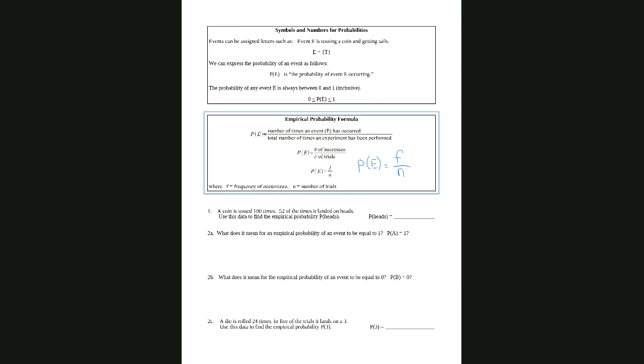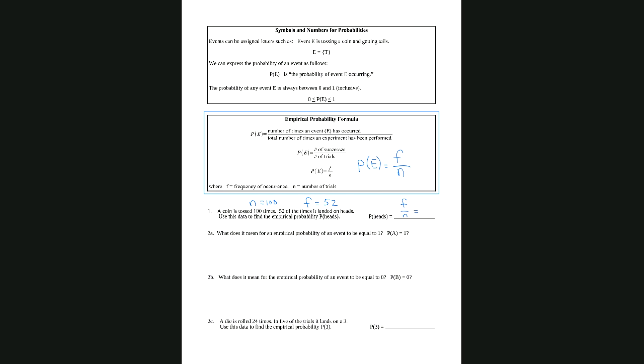So here's an example. If I were to toss a fair coin 100 times, then that would be an N of 100 because the experiment was performed 100 times. If 52 of the times the coin lands on heads, then I'm going to let heads be a success, and I'll let the frequency of success be 52. We now want to divide those two things, F divided by N, to get the empirical probability.